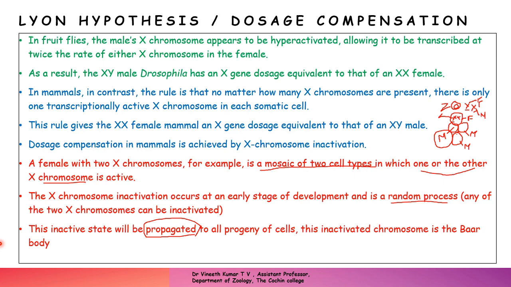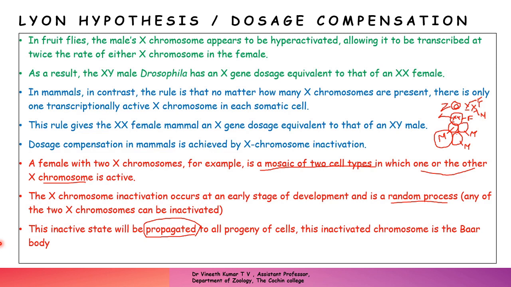So, with regard to X chromosome inactivation, mammalian females can be called mosaics, and this inactivated state will be propagated. Once inactivated during early development, that inactivated X chromosome is propagated to the cell lineages formed from that inactivated cell.